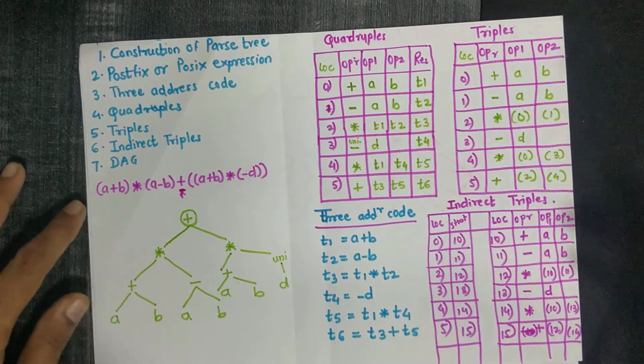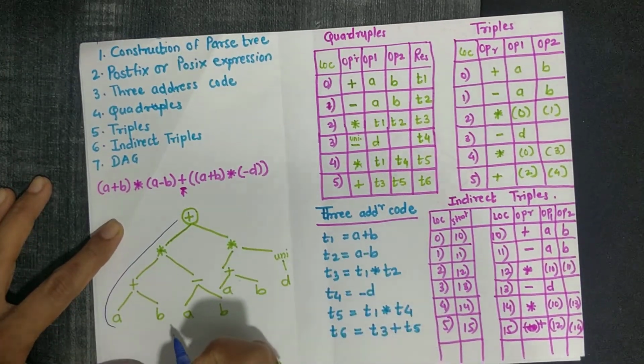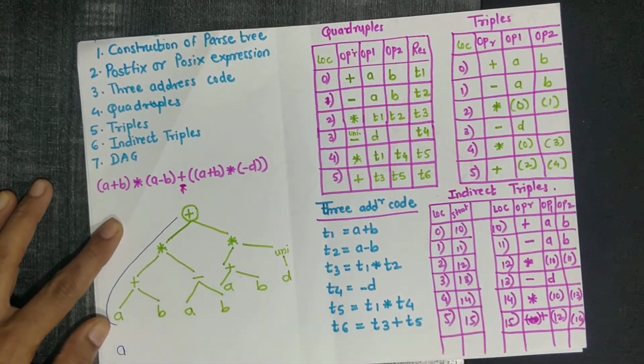Likewise, how to generate? You are going to do the leftmost side here. And what is the first operand you got?